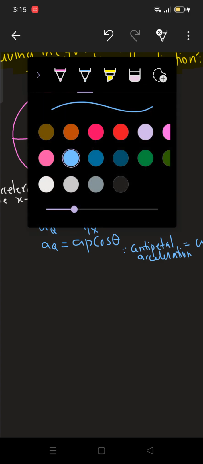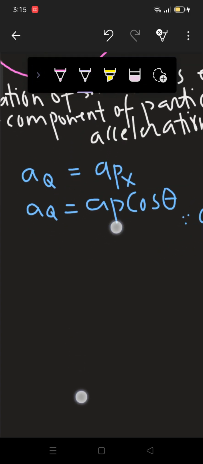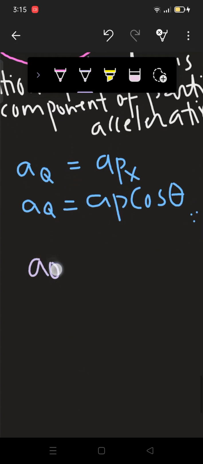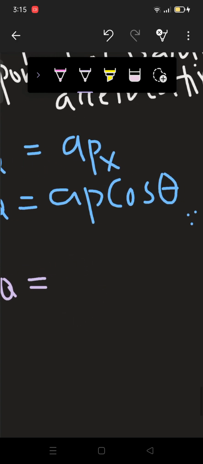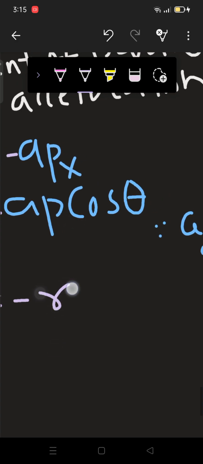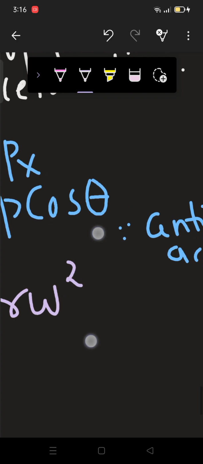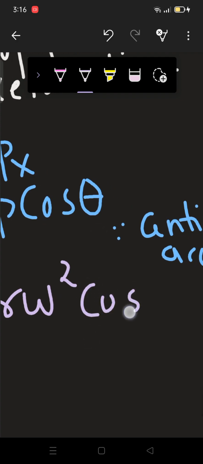So let's substitute this value here. a_q is equal to minus a_p cos theta, right? So minus r omega squared, instead of a_p I have written r omega squared, and cos theta same.